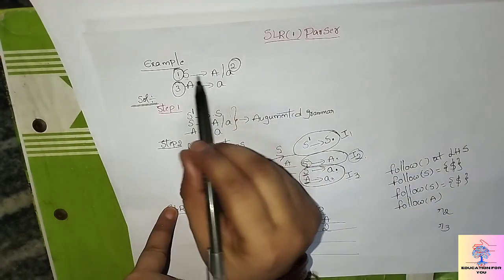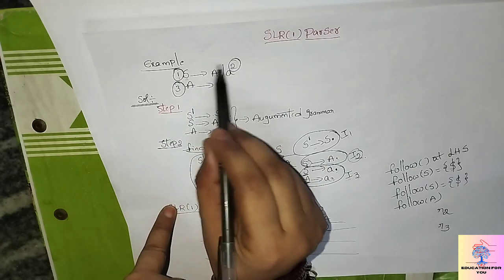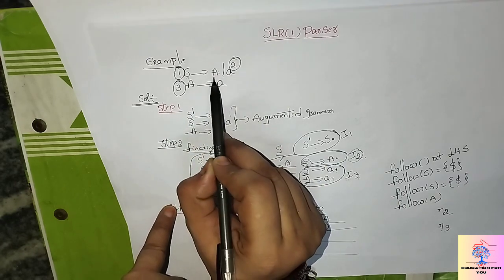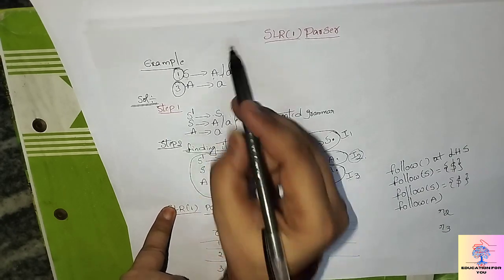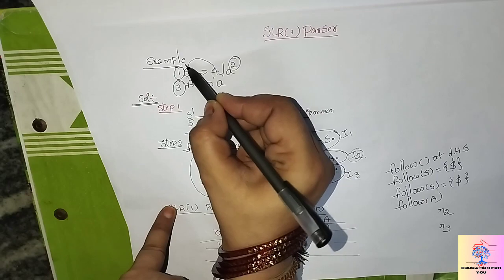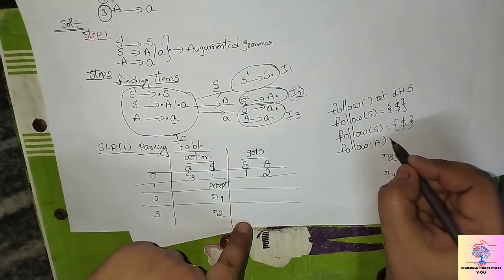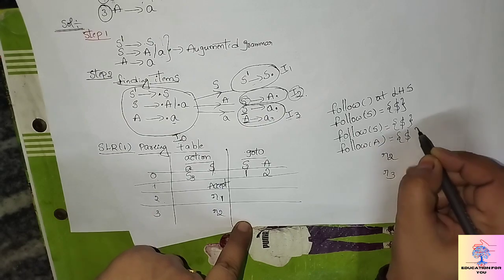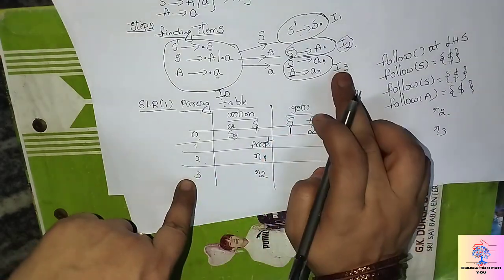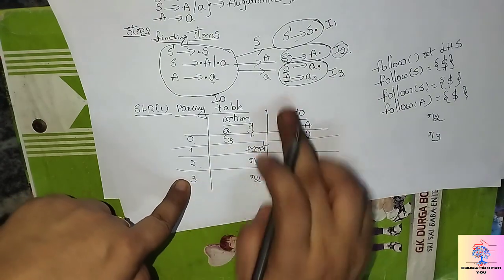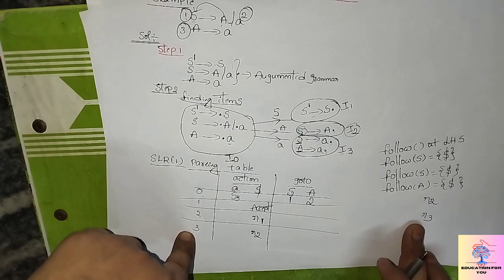Now follow of A. Here at the right hand side, are you observing A? Yes, here A is there. After A nothing is there. At that time follow of A can become follow of S. Already you got the follow of S as $. So follow of A can also become $ here. So this production is number 3, so R3.